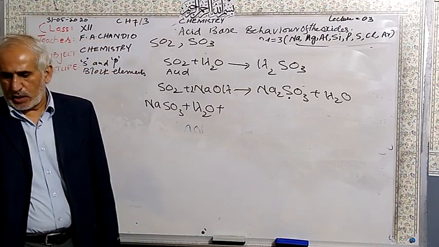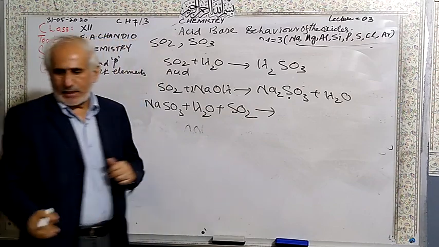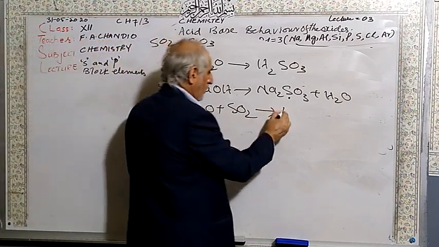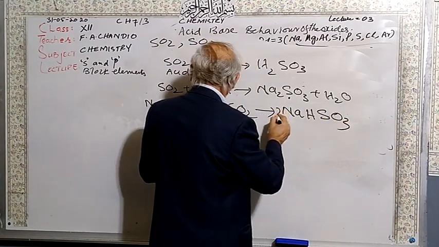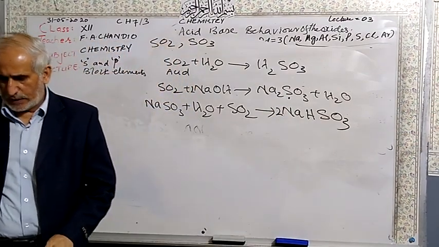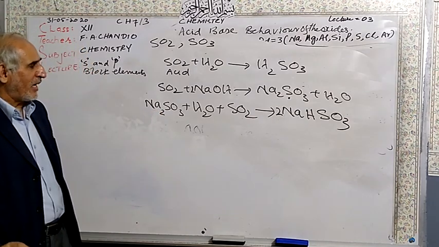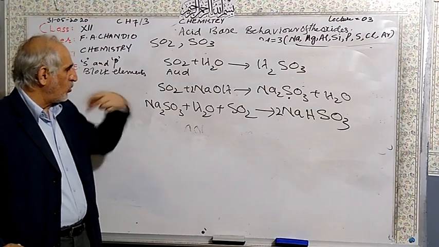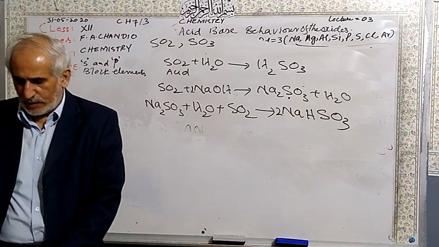And if you pass more sulfur dioxide gas, you will get another salt which is called sodium hydrogen sulfide. Sodium bisulfide, sodium hydrogen sulfide. If sodium sulfide is dissolved in water and you pass more sulfur dioxide, you will get sodium hydrogen sulfide.